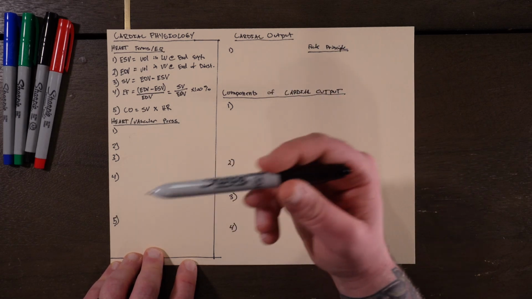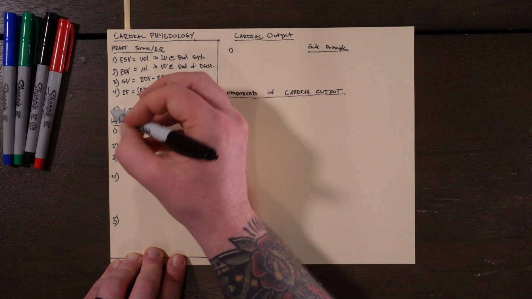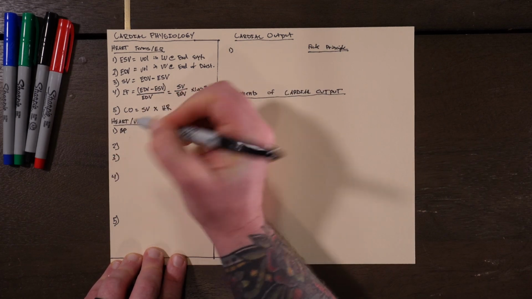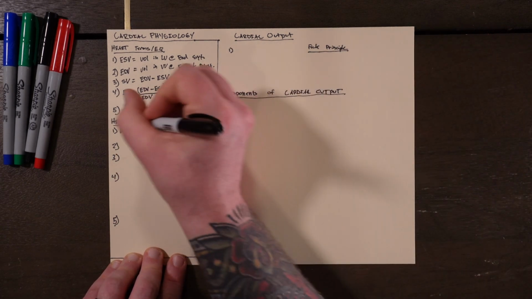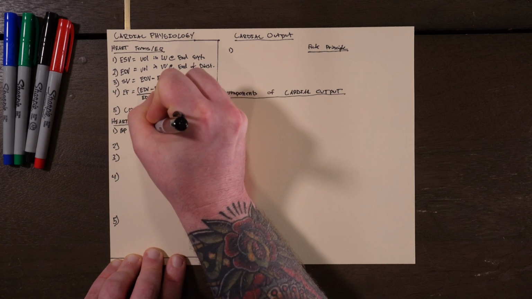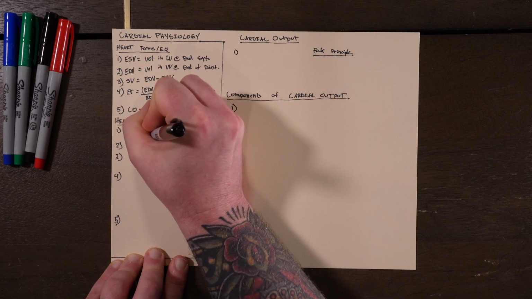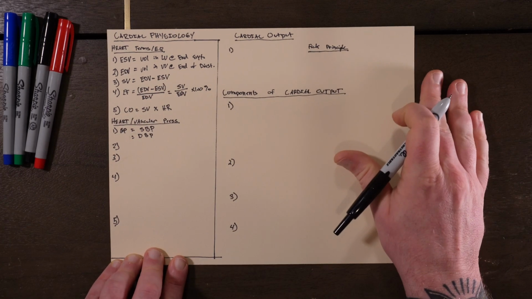Now, what about our kind of vascular stuff, right? Well, the first one is our blood pressure. So what makes up our blood pressure? Well, we have two values. We have our systolic blood pressure, and we have our diastolic blood pressure, right?